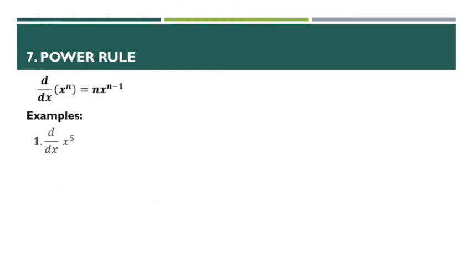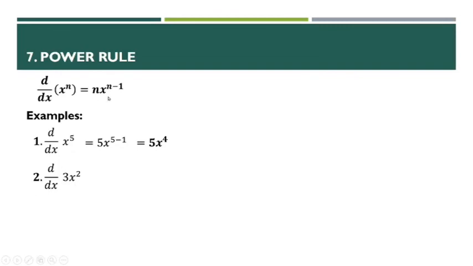So examples, we have derivative of x raised to 5. So let's follow the rule. So bring down sa harapan yung exponent, which is n, 5. Then times x raised to 5 minus 1, we have 5x raised to 4. Number 2, we have derivative of 3x squared.